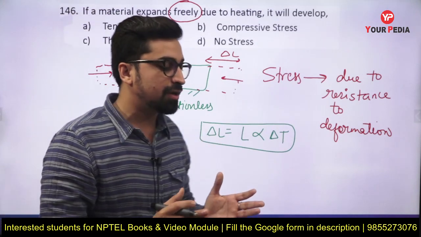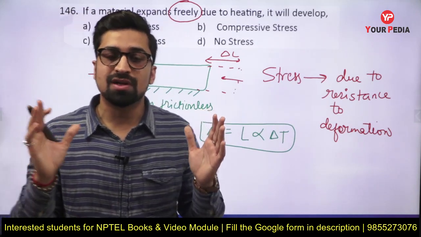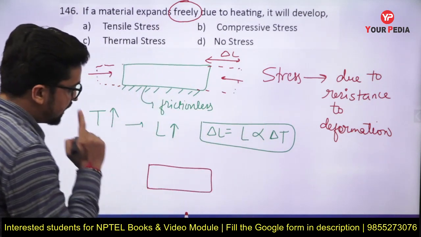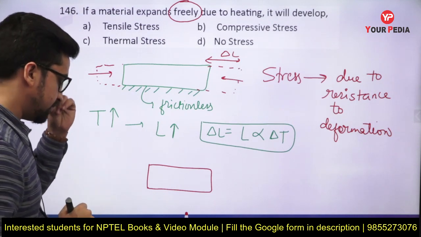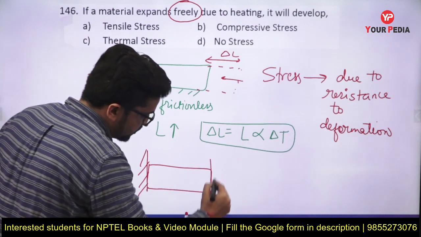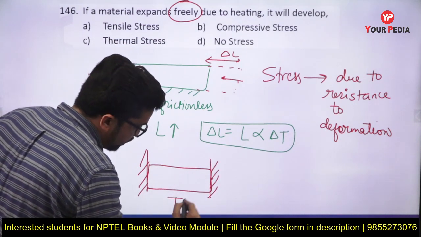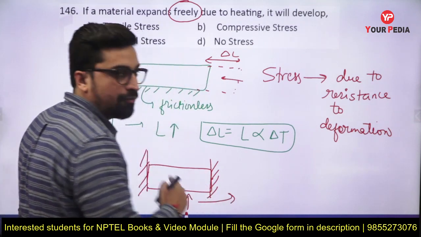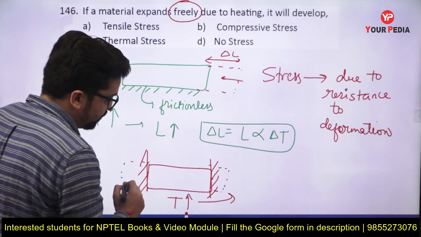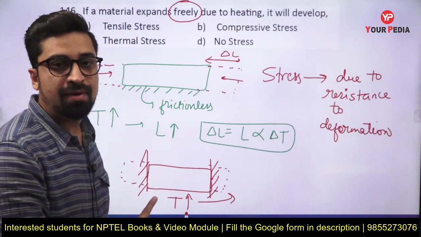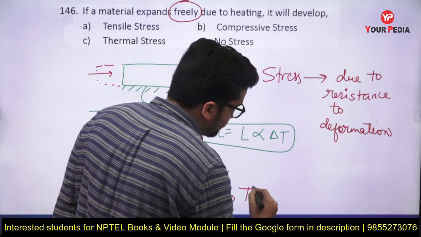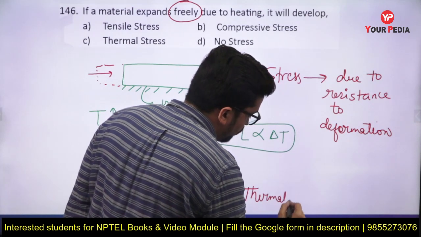When will the thermal stresses come? When there is resistance to this deformation. So in the second case, let us say the same bar has a fixed support on both ends, and now the temperature increases. The length will try to increase, and this deformation will be resisted by the fixed supports at the ends of the bar. Because of that, the thermal stresses will come into play.